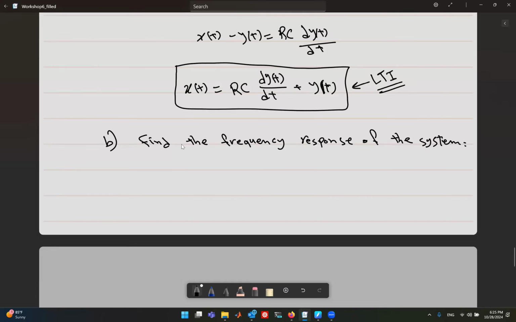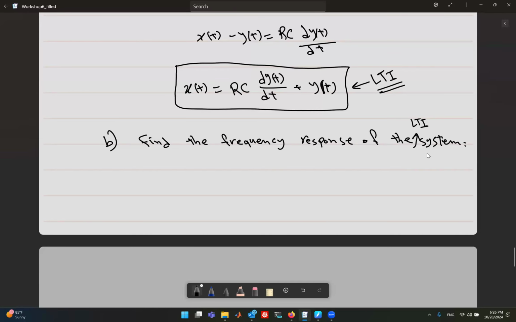You might be asked to verify it using the techniques that you learned in the first part of the course, and then move to finding the frequency response of a system. But now we know that the system is LTI.